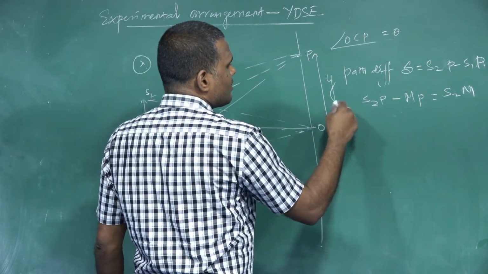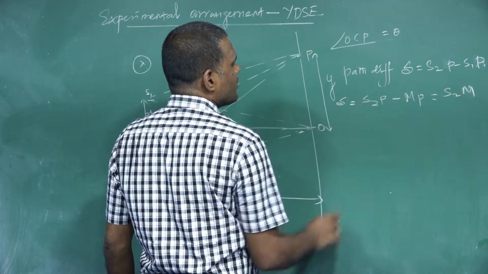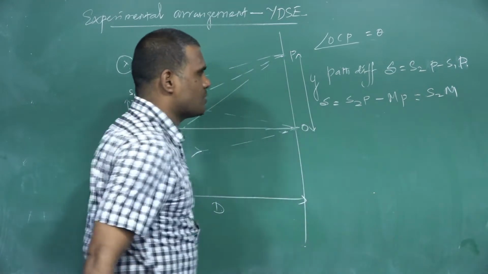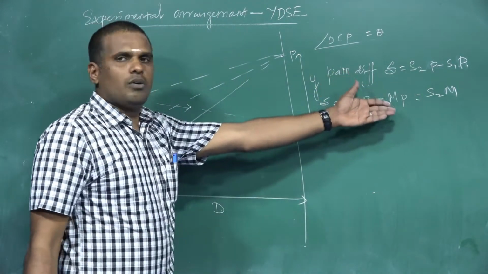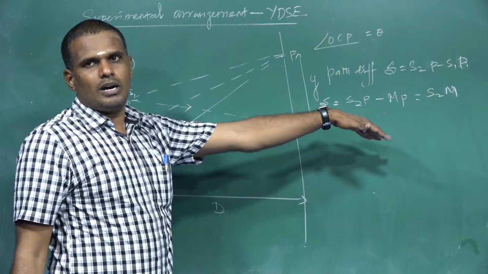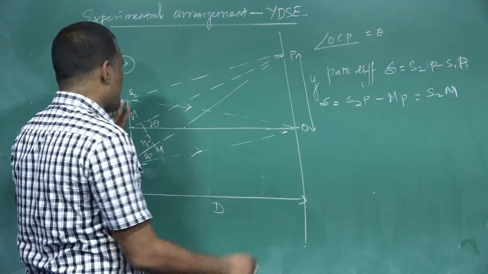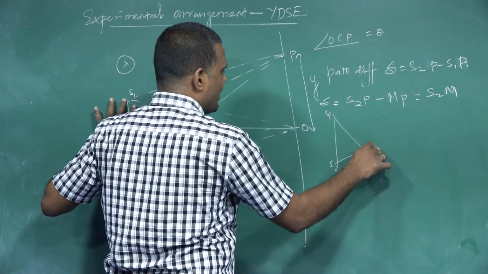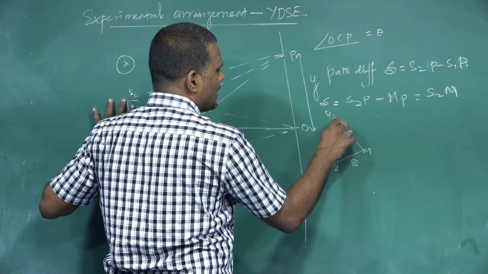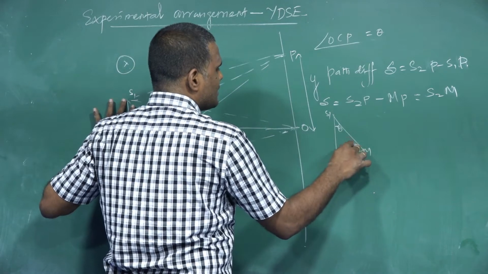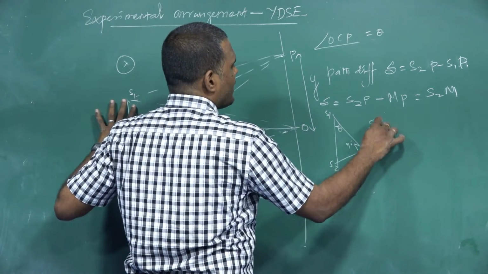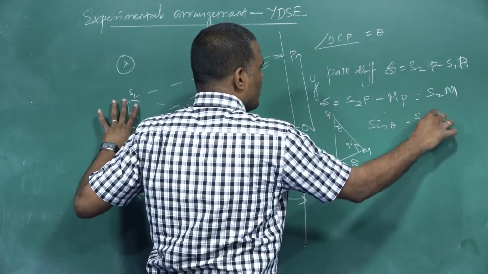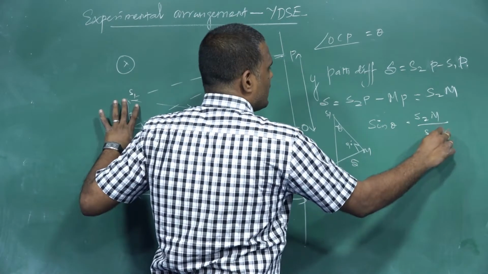So delta is equal to S2M, or S2P minus MP, which is equal to S2M. So we have to calculate what S2M is. From the right angle triangle S1 S2 M, this is angle theta, this is 90 degrees. So I can write sine theta equals S2M divided by S1S2.